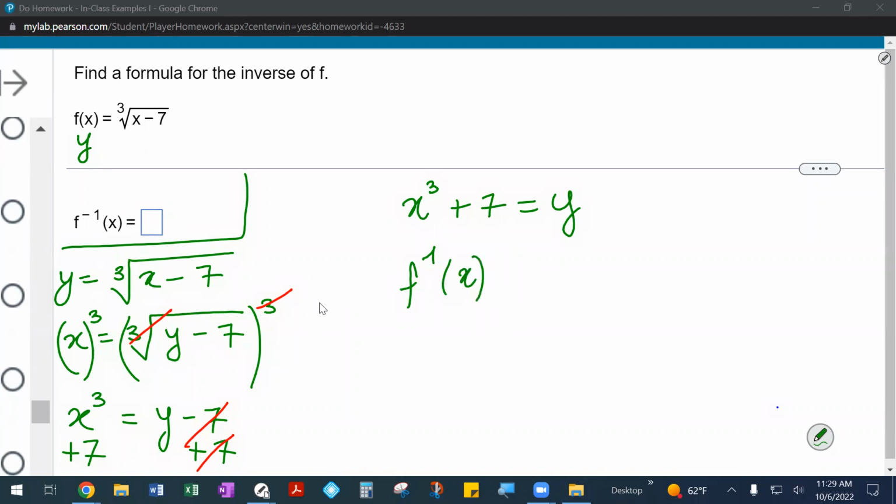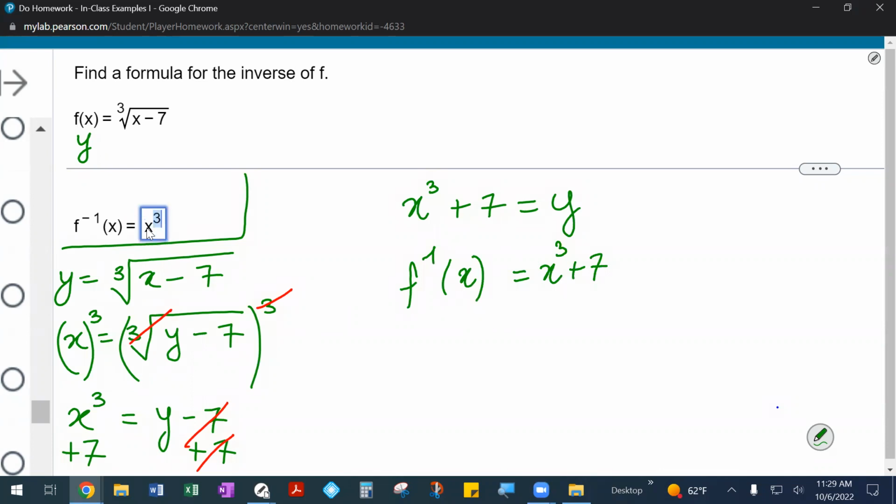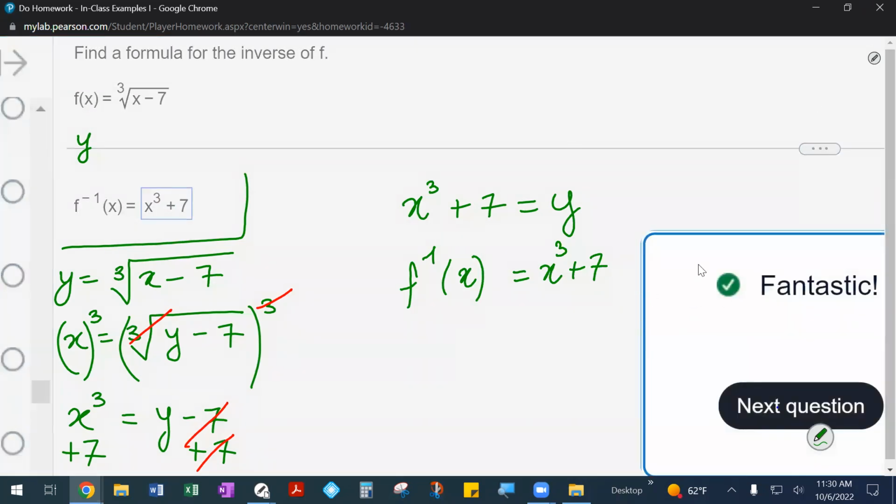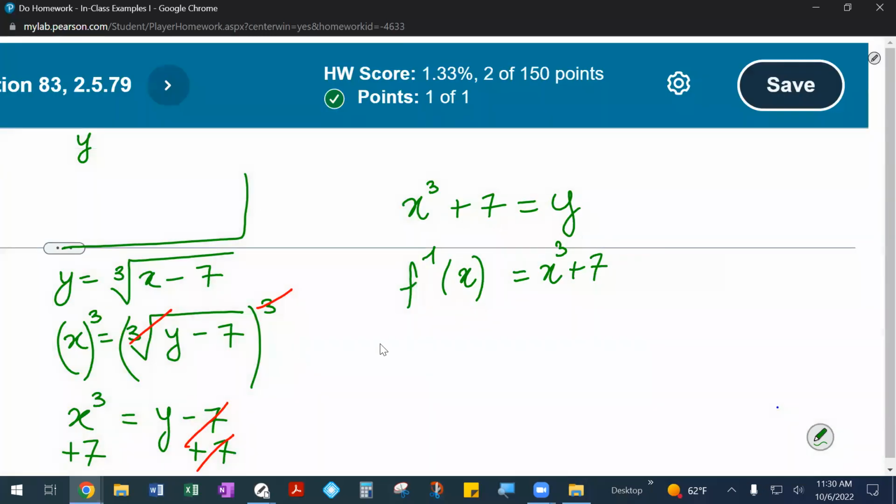With the f inverse notation, and we end up getting x cubed plus 7. And that will be our inverse function. So x raised to the third power, add 7. And that looks good.